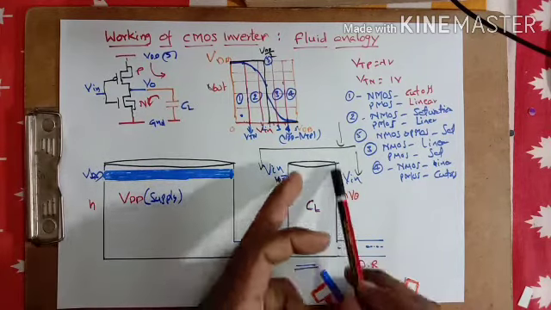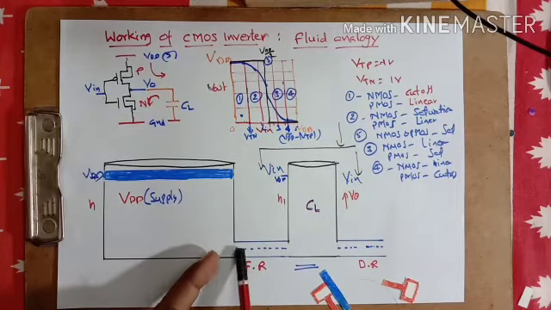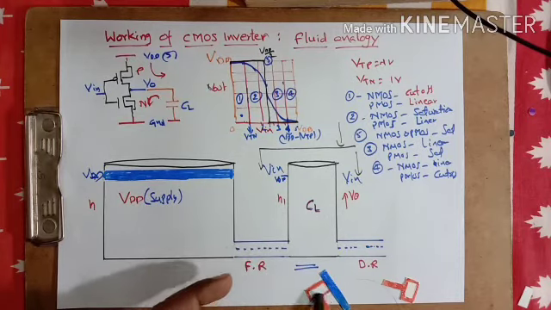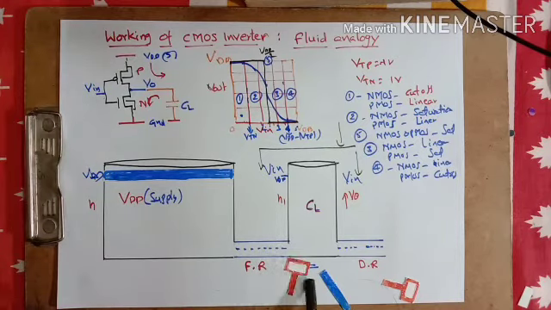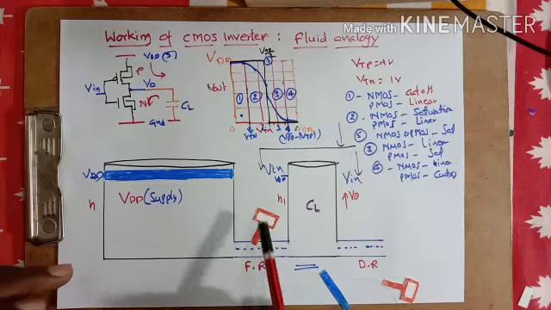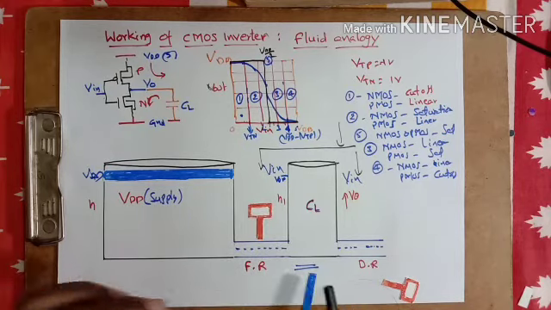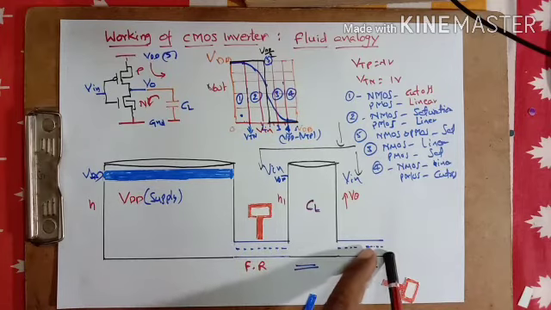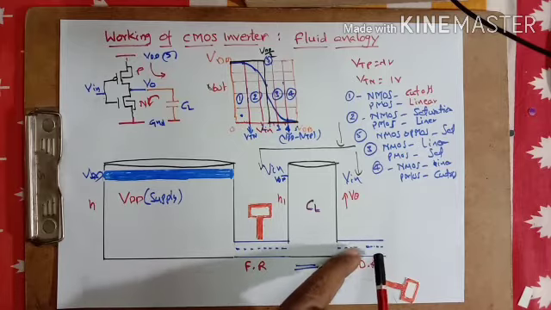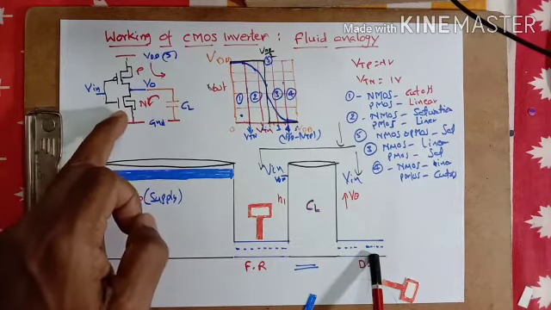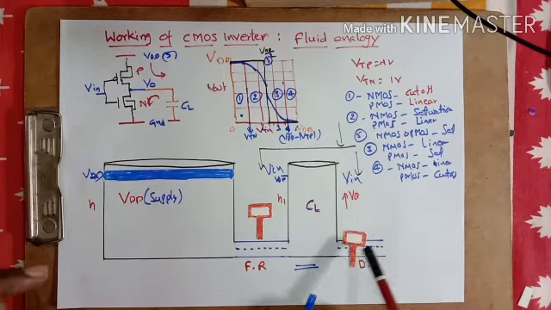I have connected this tank to a small bucket, which represents the load capacitor, through a filling pipe, and that pipe represents the PMOS transistor. It also has a tap. There is also an outlet tube from this bucket, and this tube represents the NMOS transistor, and it also has a tap.